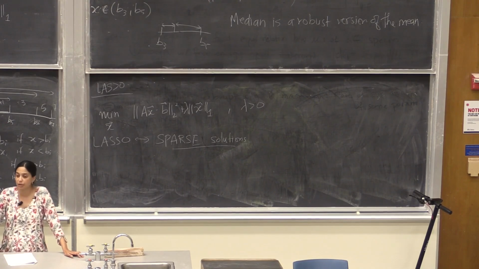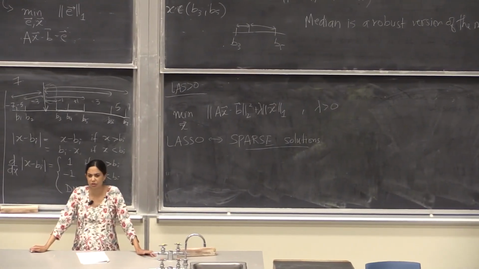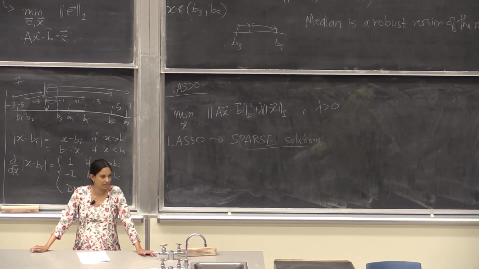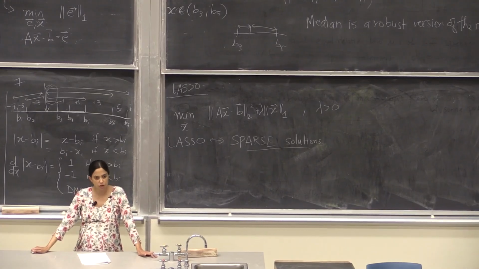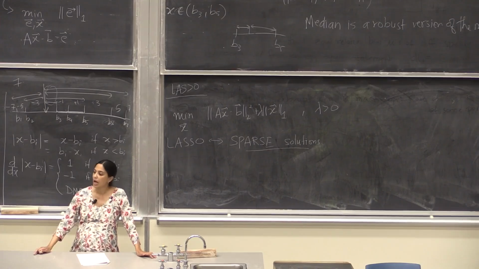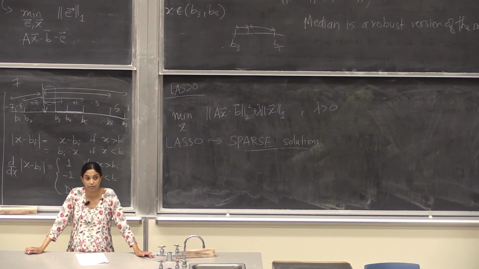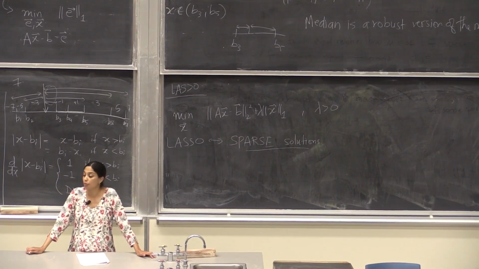Or for example, you're doing some kind of machine learning problem, and you have many, many features in your data set, but only some of those features are actually active at any given time. You have hundreds of millions of features, but at any given time, you only care about 10. So you want to be able to solve for things where you know most of the stuff doesn't matter. If you know that is true, how can you use that kind of side information to get better solutions?